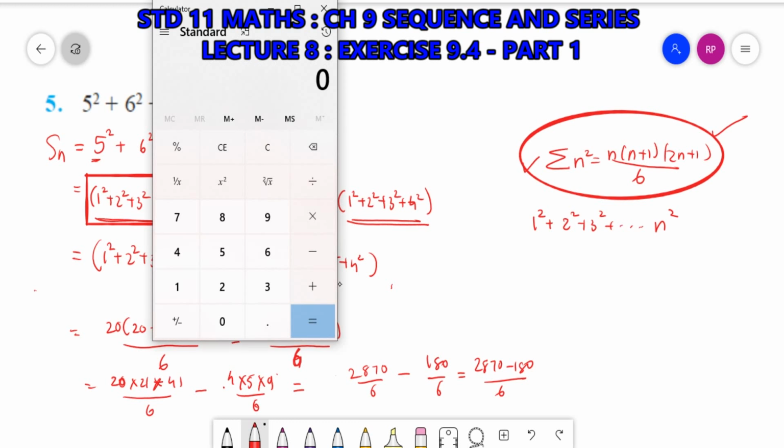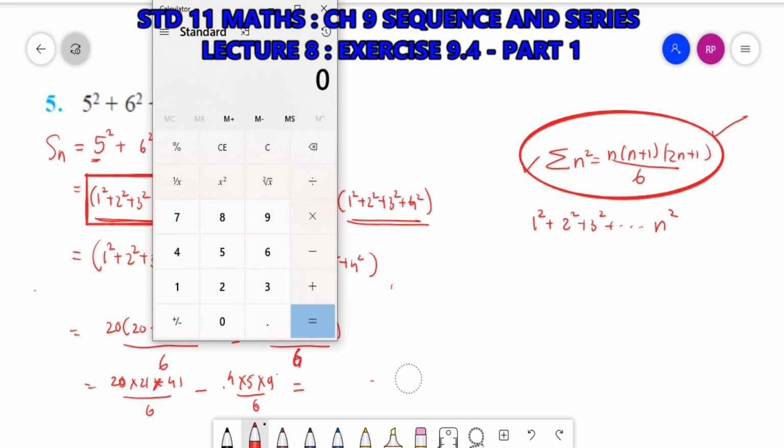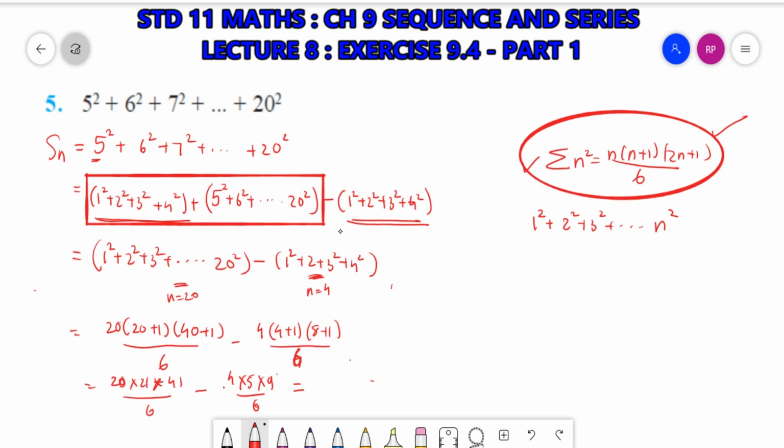It's not 2870, as we are already dividing by 6. 20 into 21 into 41 is 17220 upon 6 minus 180 upon 6, so 17220 minus 180 upon 6.